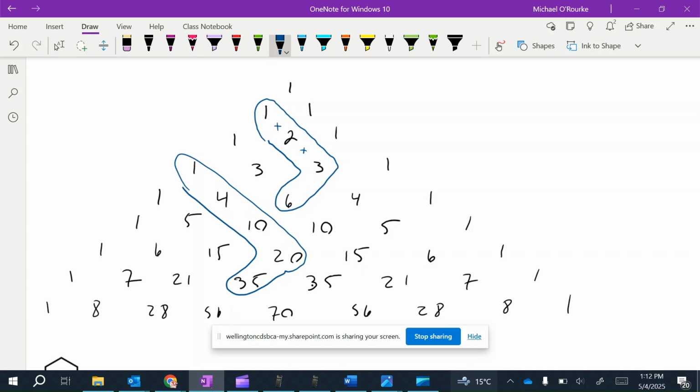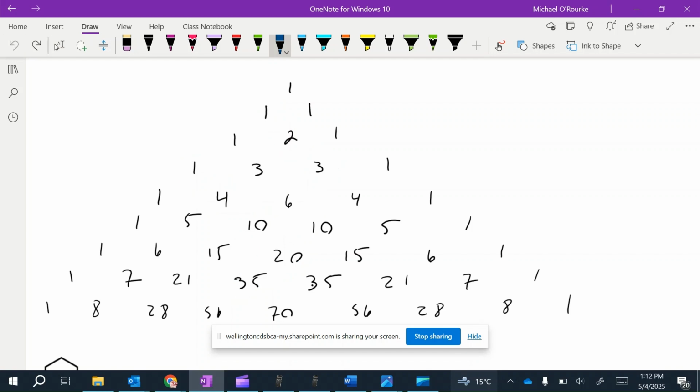Anything you want to go there, that equals. These are just cool little patterns that exist. And if you look here, this is just going up by 1, 2, 3, 4, 5, 6, 7, 8 this way and this way, going up by 1s. This is going up by 2s, then 3s, then 4s, then 5s, and 6s, and so on and so forth.